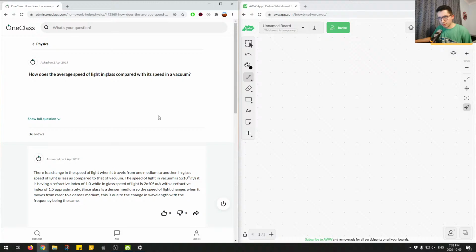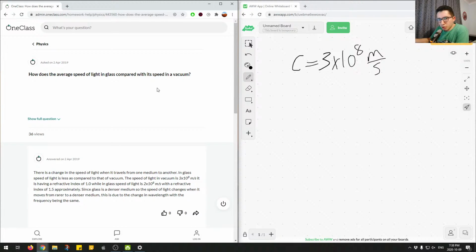So the question is asking, how does the average speed of light in glass compare with its speed in a vacuum? So speed of light, usually represented by the variable c, is equal to 3 times 10 to the 8 meters per second. So in a vacuum, this would be the case.